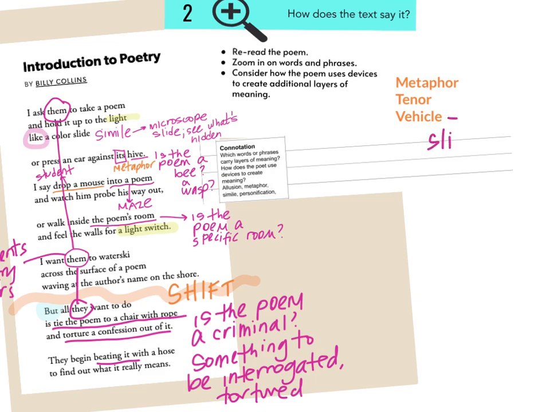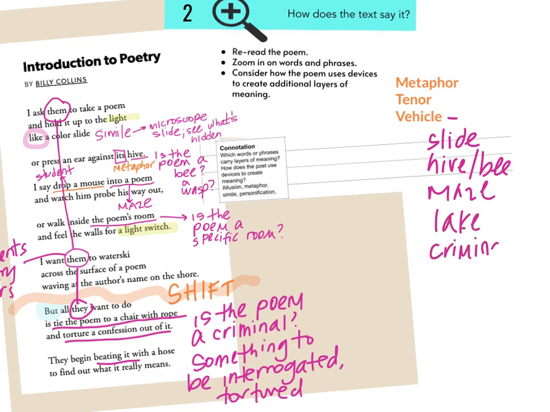There's a slide, there's a hive or a bee, there's a maze, there's a lake, and all of these things lend attributes to the tenor, which is the subject, the poem. So that's just another way to think about parts of a metaphor that can help you be very specific when you're talking about metaphor.